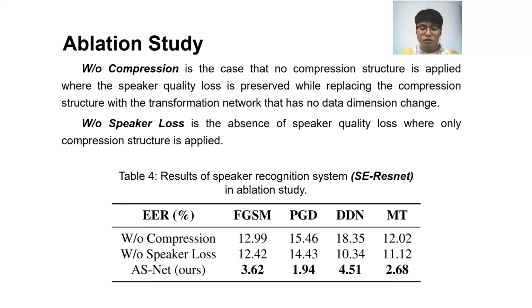We also carried out ablation studies on compression structure and speaker quality loss. It is observed that the relative error improves greatly after removing the compression structure. The model with no compression structure needs to perform transformations in the entire data domain, which makes model learning difficult. Besides, the results also show that after removing the speaker quality loss, the recognition system's ER also increases significantly.